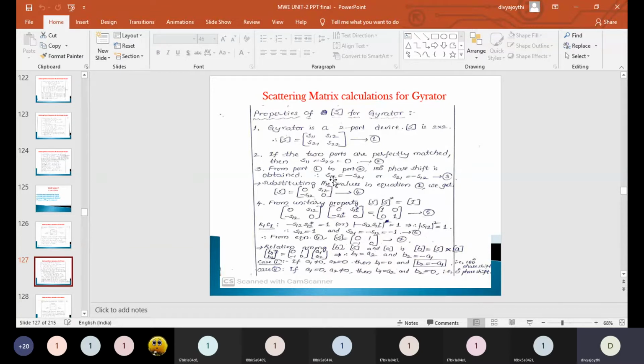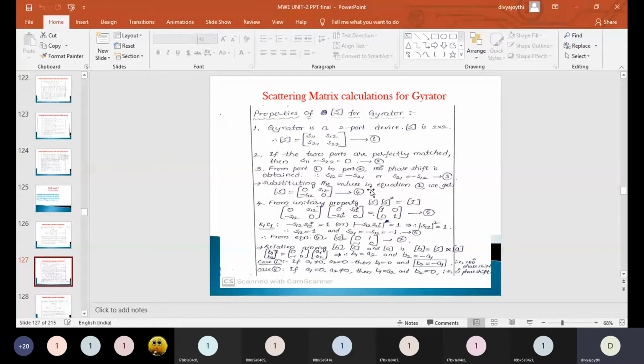So S12 will be equal to minus S21, and similarly you can write S21 is equal to minus S12 also. As there is a phase shift between 1 and 2, you write S12 equals minus S21, or S21 equals minus S12.